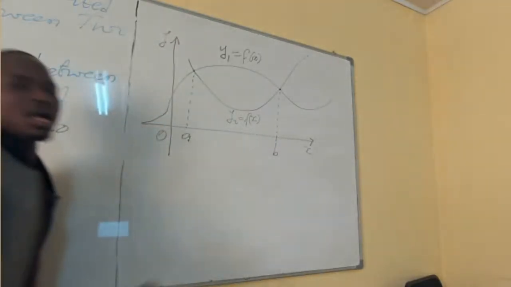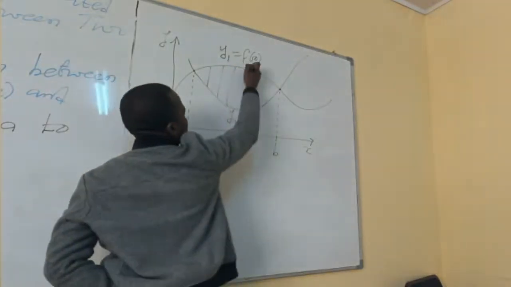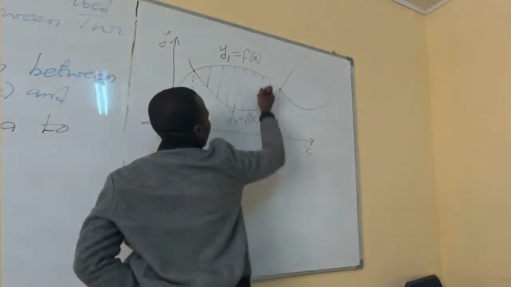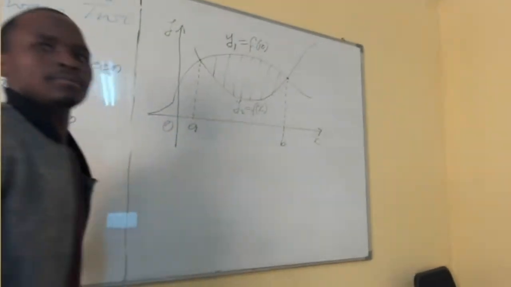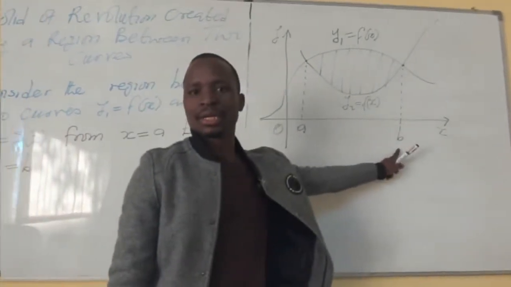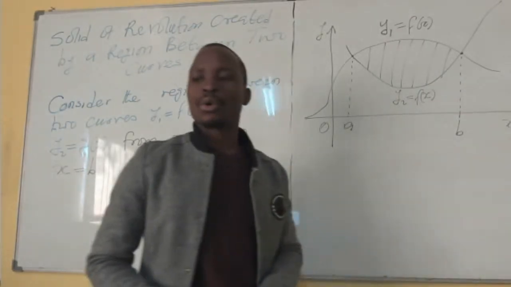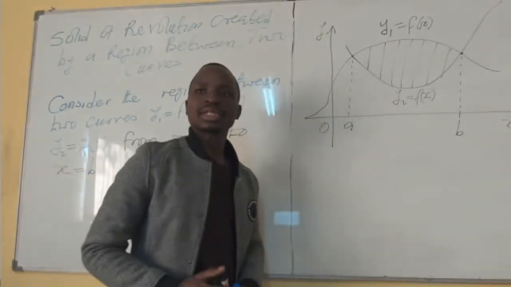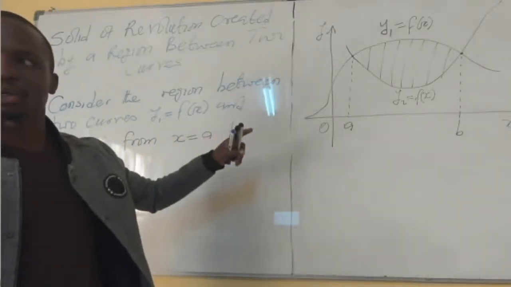Now, we want to understand the volume of revolution of this region, which is bounded by these two curves from the point a to the point b. So this is what we now want to calculate, the volume of revolution of that region.